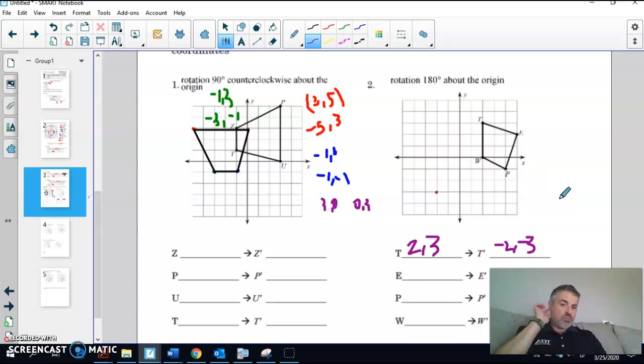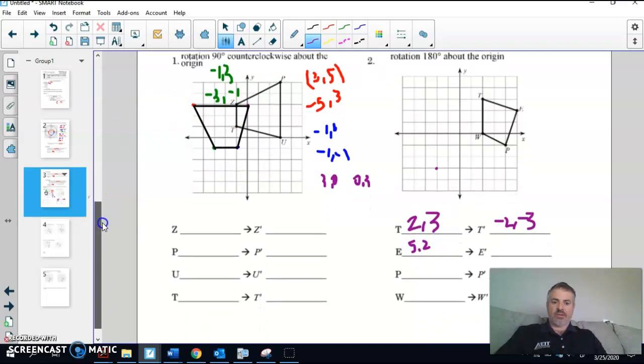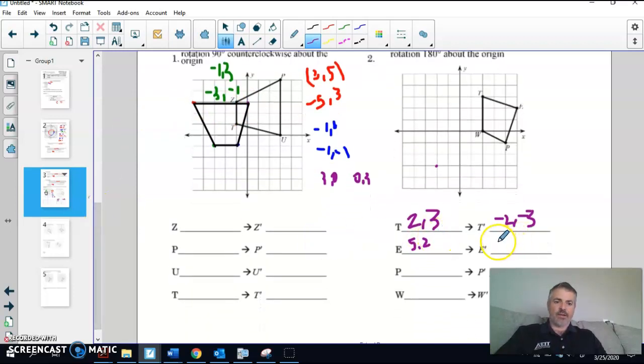Then I can do point E. E looks to be this point right here, which is at 5, 2. Again, if I keep them in the same spot and just change their signs, that becomes -5, -2. So -5, -2 is down here.